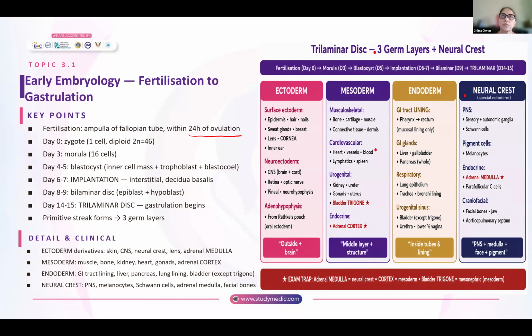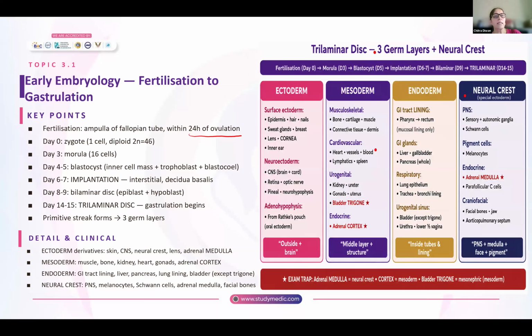And when you have the formation of the blastocyst, the cells divide into two parts. You have the cavity, you have the inner cell mass, and you have the outer cell mass, which develops the trophoblast, that which develops the placenta. Moving ahead, on day 6 to 7, implantation occurs. Implantation occurs in the uterus, usually in the posterior wall of the upper segment.